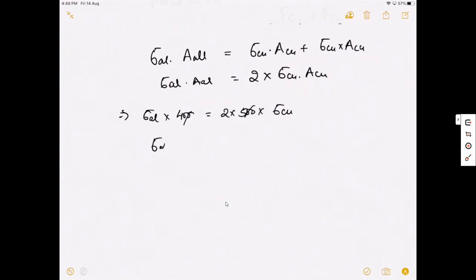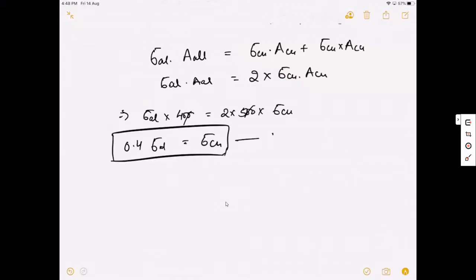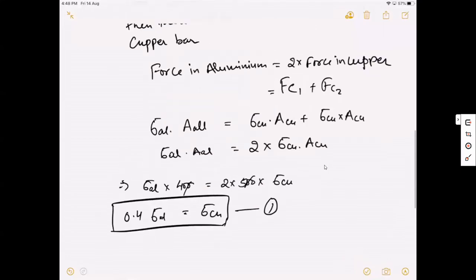So sigma aluminium is equal to 2.5 times sigma copper. So this is my equation 1, that the stress in copper is equal to 0.4 times sigma aluminium.